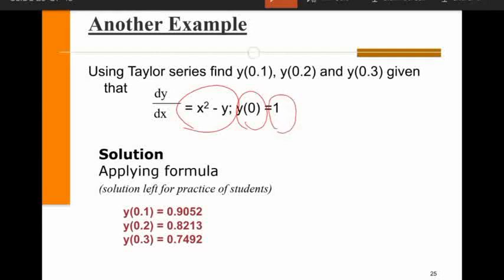Now here in this part you have to calculate the values of y1, y2 and y3, right? So as we have done in the previous example, there we found y1 and y2. So here we have one more step to find y3. In a similar way as we have done in the previous example, you can find all the values and compare these values and tell me whether the values are correct.